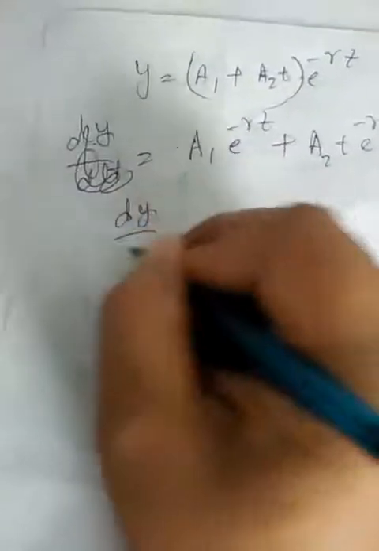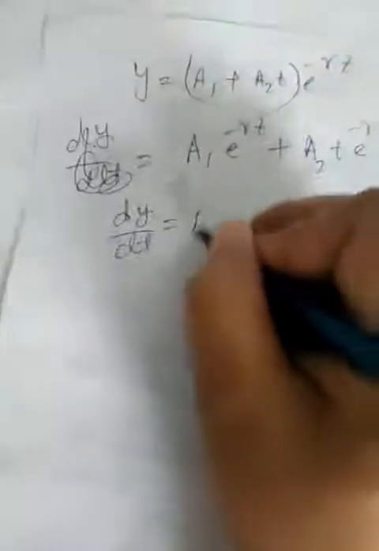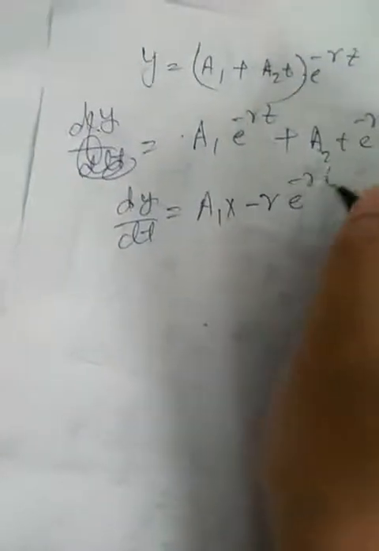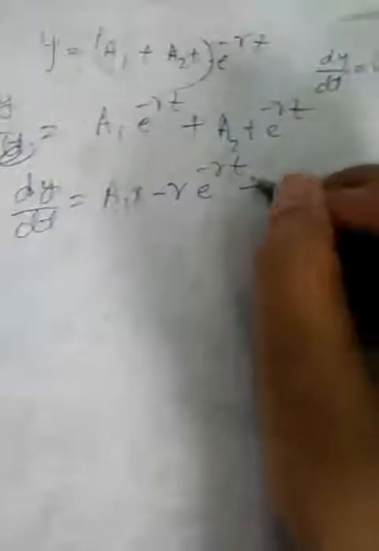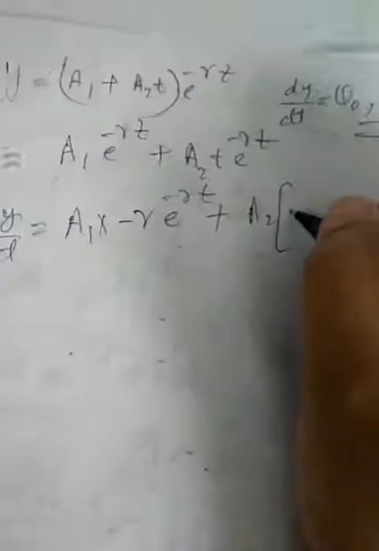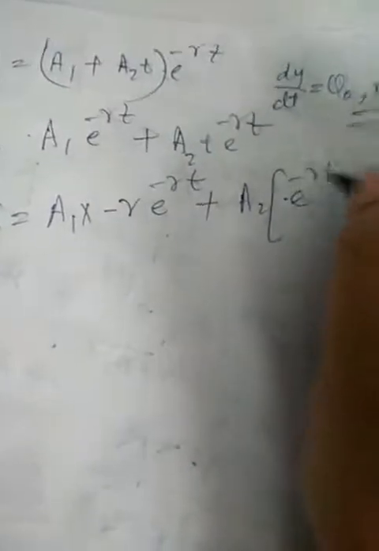So dy by dt is equal to a1 into minus gamma e raised to minus gamma t plus a2 times, split into two parts, e raised to minus gamma t plus t into minus gamma e raised to minus gamma t.